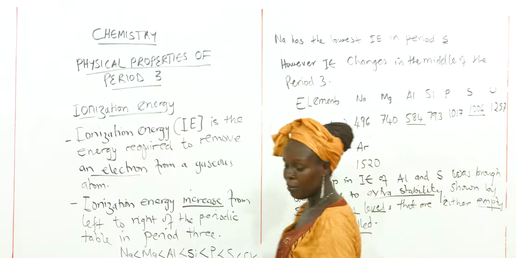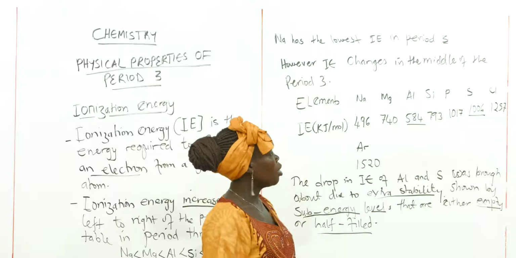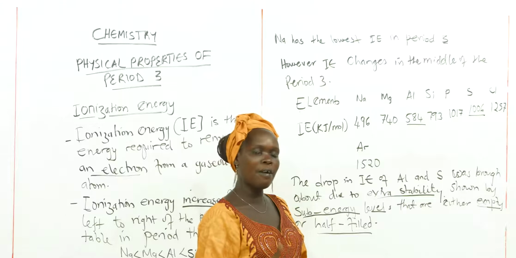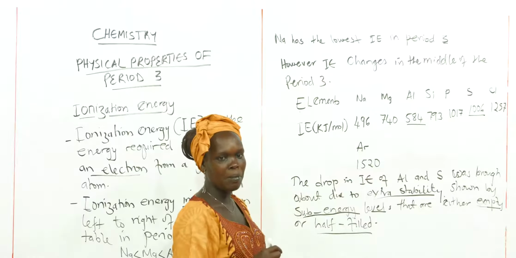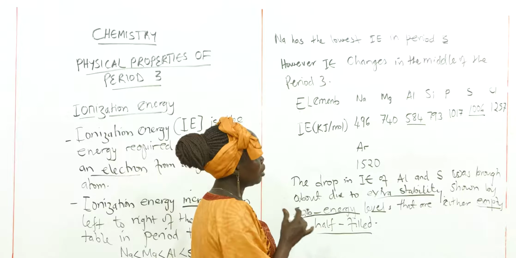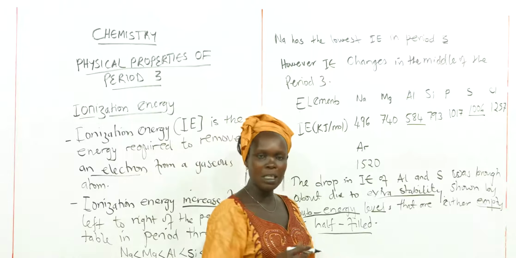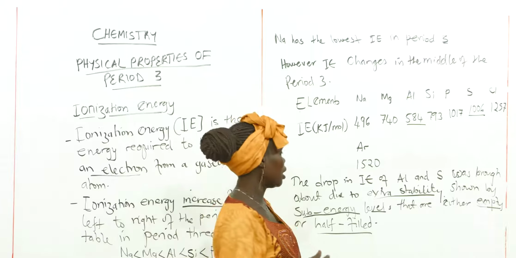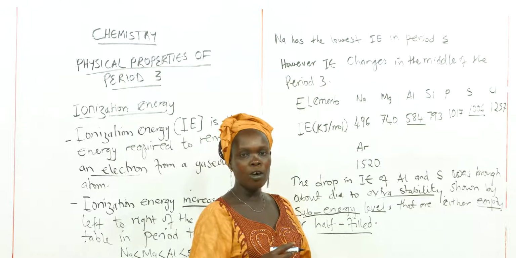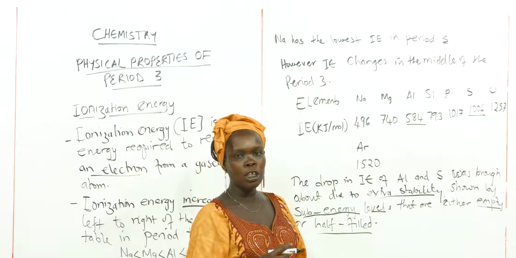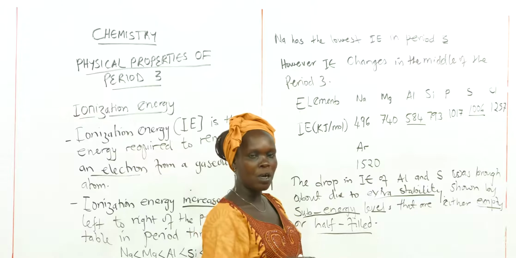So you may find that the energy level is half filled in aluminium or in sulfur, and that makes them have a drop in the ionization energy. So learners, you need to remember that the drop in the ionization energy of period 3 is brought about by the extra stability shown by either empty or half-filled energy levels in each element, aluminium or sulfur. That is why you have a drop.